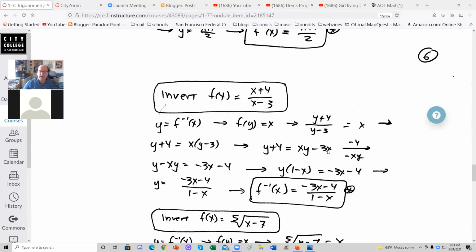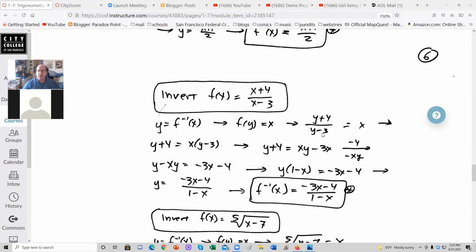This one, well, okay, we can solve this. Invert f of x equals (x plus 4) over (x minus 3). Okay, so y equals f inverse of x means that f of y equals x, and then that means (y plus 4) over (y minus 3) equals x. So now we have to solve for y. Well, the difficulty here is that y occurs twice and there's a division sign.